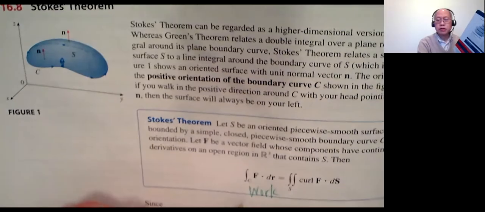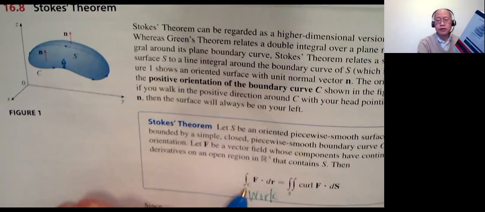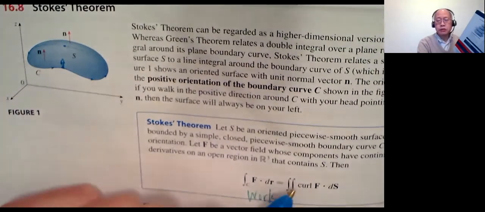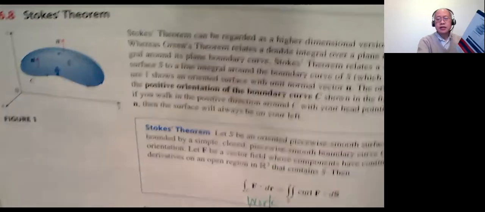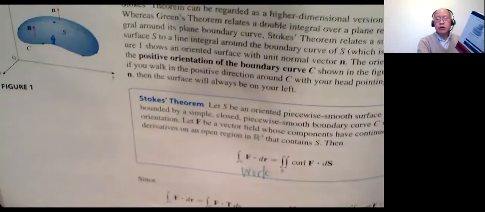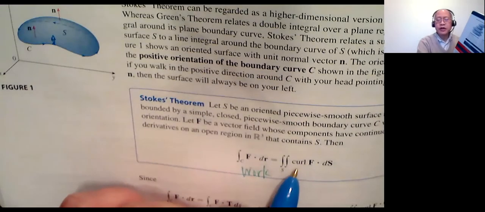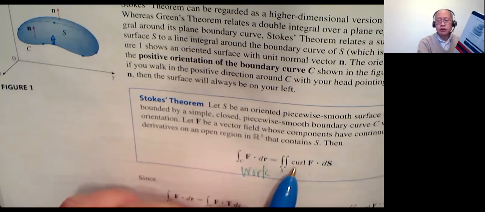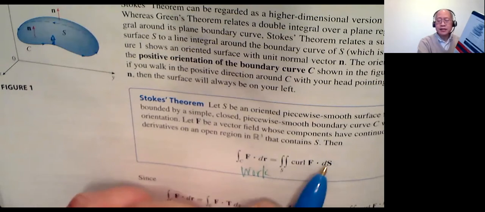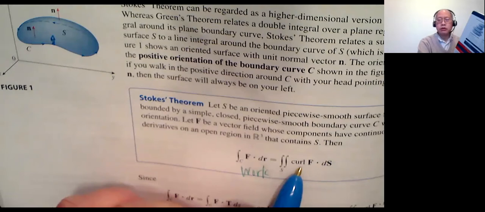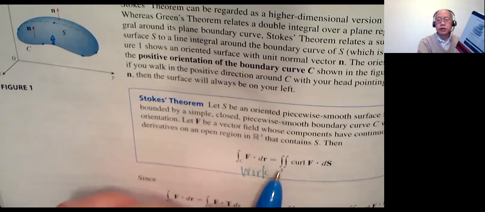So it asks for the work done, integral along the curve of f dot dr, or double integral of curl of f dot dS. Now curl of f is also a vector, which means all the formulas that we had before for vector dot dS also hold for curl f dot dS, and I'll show you when that shows up.